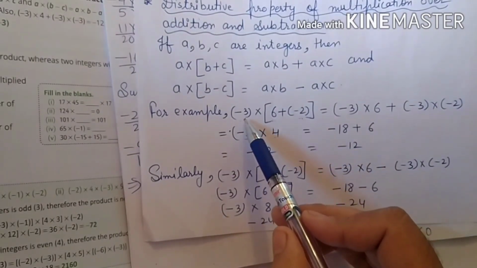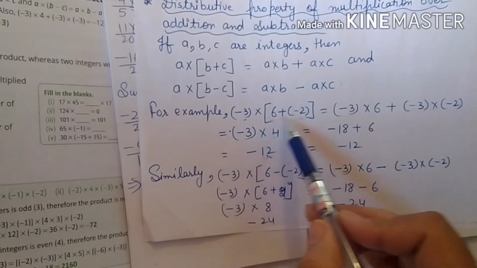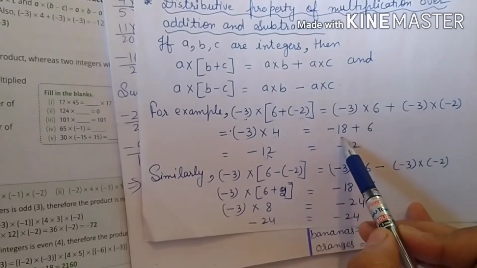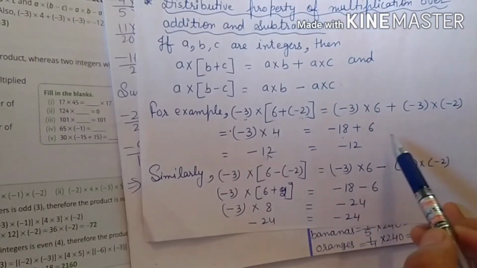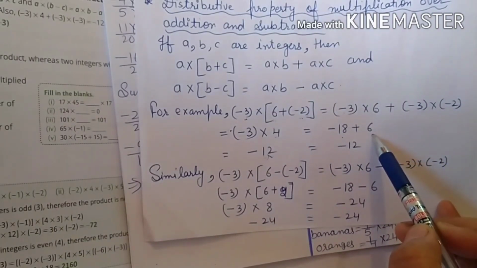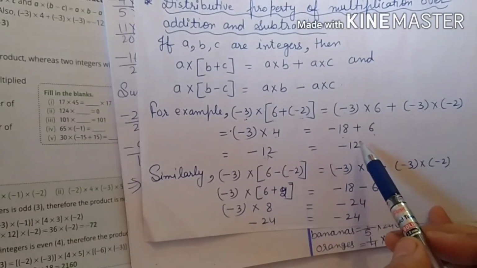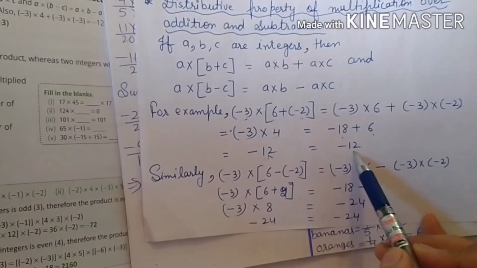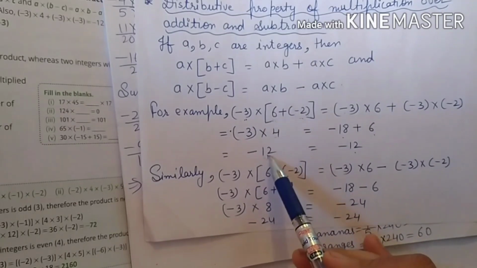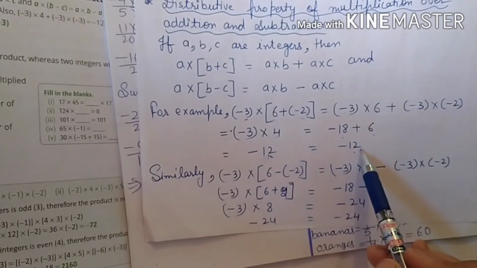But if we multiply firstly -3 with 6, my answer is -18. Then -3 multiplied by -2, your answer is 6. Then we add, and your answer is -12. So in both conditions your answer is the same.